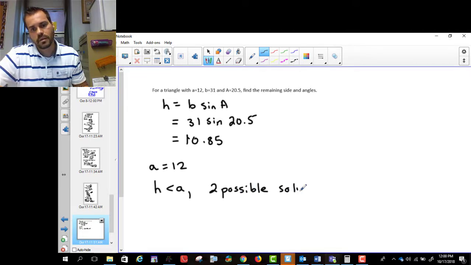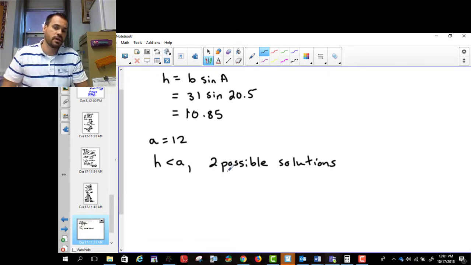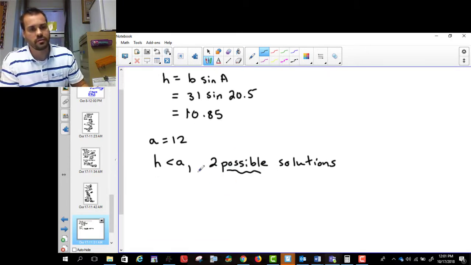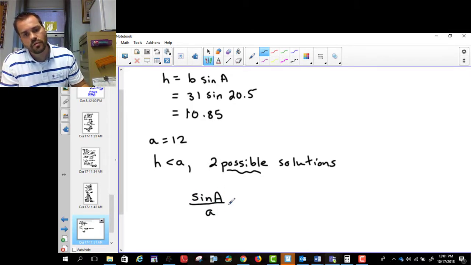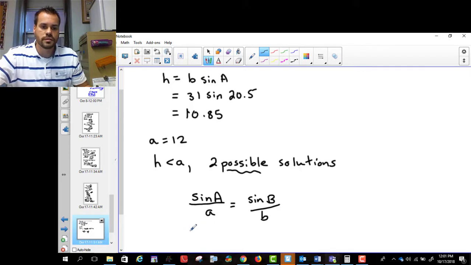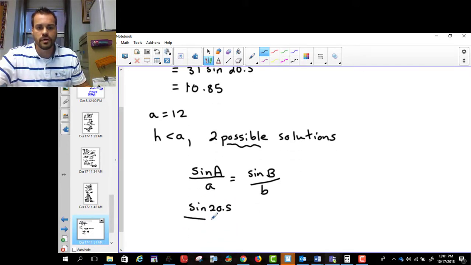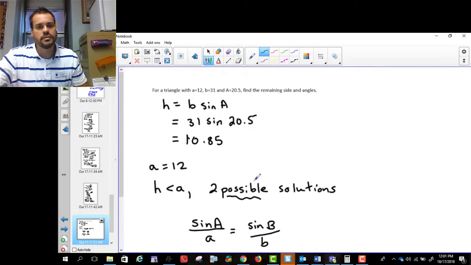All right? So then we say there's two possible, again, because it doesn't necessarily imply that they both work. But then we start out by going, okay, let's find them. So sine A over a is sine B over b, and we go sine of 20.5 divided by 12, because that's our lowercase a, our side length, and we have sine B, that's what we're looking for, and b is 31.